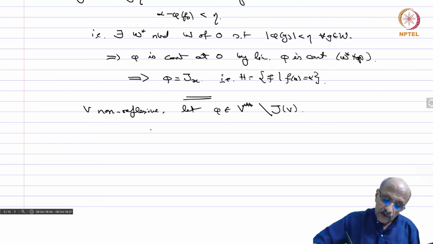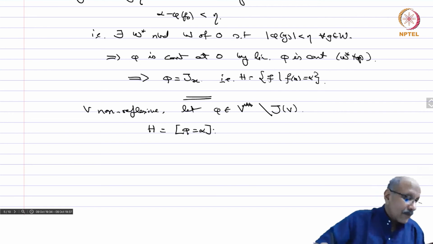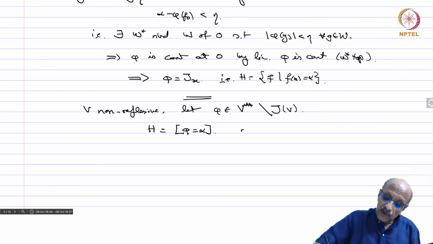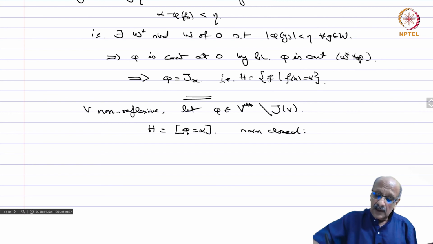Then you look at the hyperplane H equals phi equal to alpha. So this is, we know, norm closed, because any closed hyperplane is precisely of this form if you take phi in V double star, and this is convex, and therefore this implies this is weakly closed.